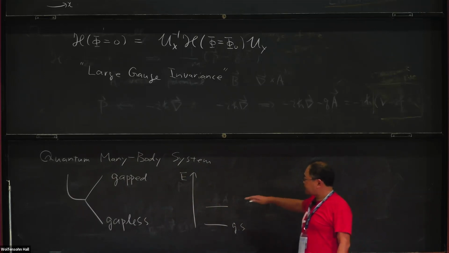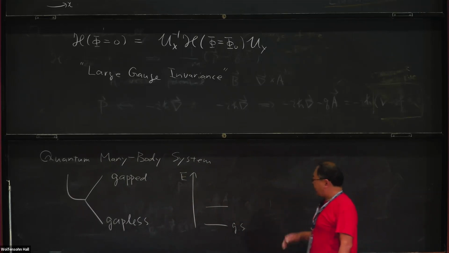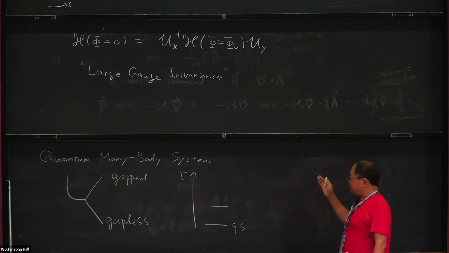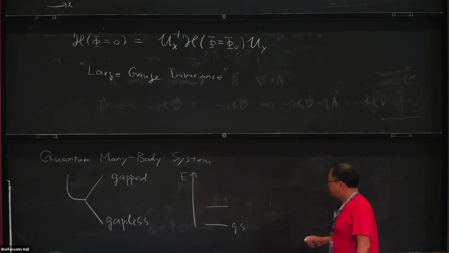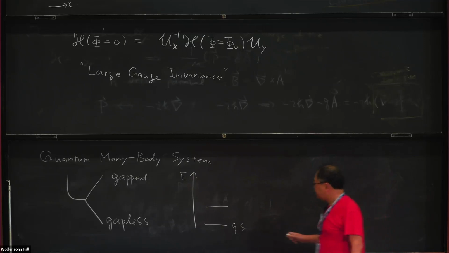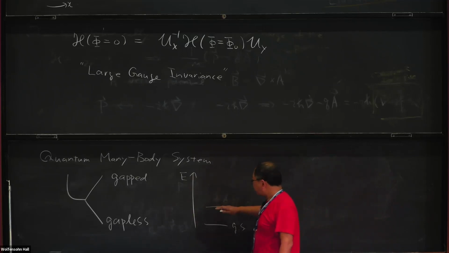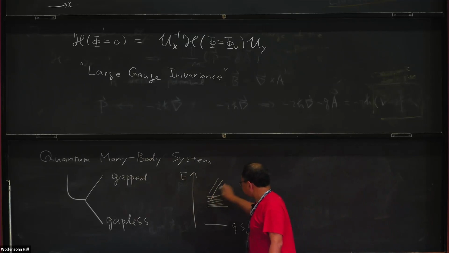Then there must be an infinite number of energy eigenstates, and basically they form a continuum in the energy spectrum. But in some quantum many-body systems, the continuum of excited states starts, let's say, from here. So above this, there is a continuum.